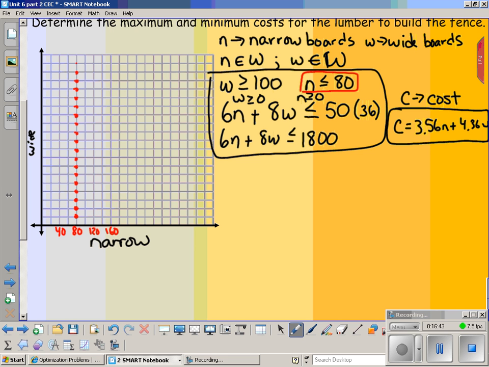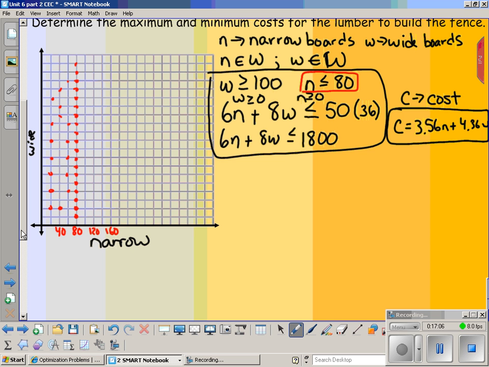We need to determine if we would be stippling to the left or to the right. N is less than or equal to 80. So if we substitute 0 in, 0 is less than 80. So therefore we are stippling to the left. Where, we're not too sure, so I'll just mark some points on the left of the red.